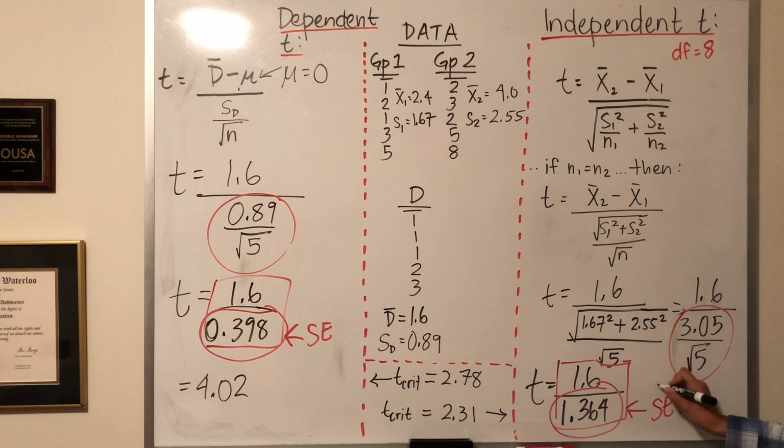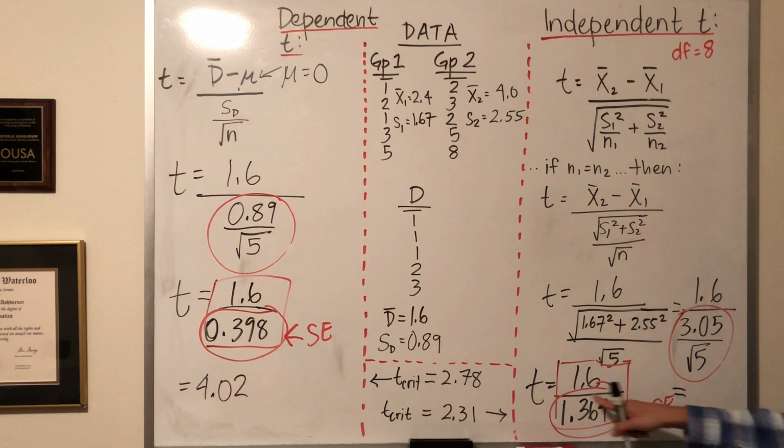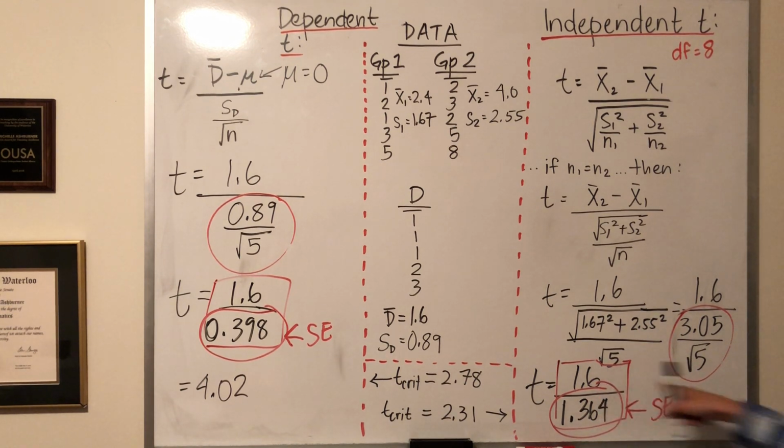So we'll just say equal sign from here, and then we'll carry that calculation ahead. So that's 1.6 divided by 1.364, and that being larger than 0.398, we end up getting 1.173, so 1.17. Okay.